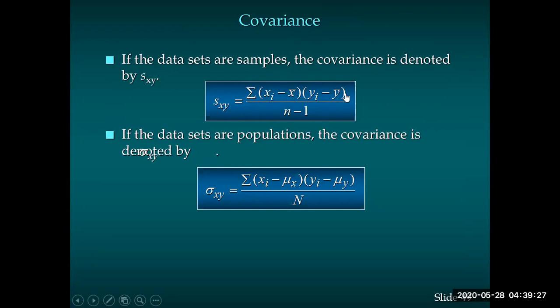After their multiplication, they're averaged, in the sense that you take the sum and divide by the number of observations. Remember, with the sample data set, the covariance has to be divided by n minus 1. With the population, it has to be divided by N. Like we did this in the variance as well.